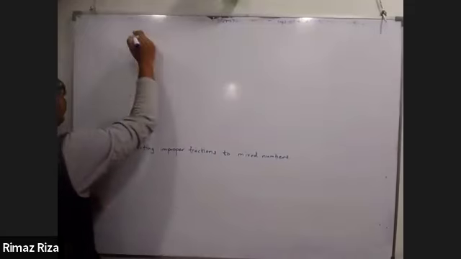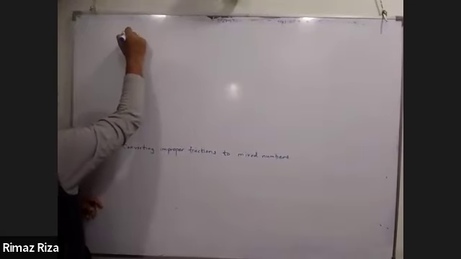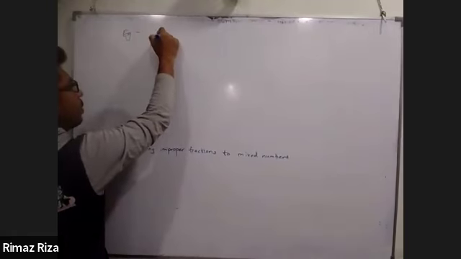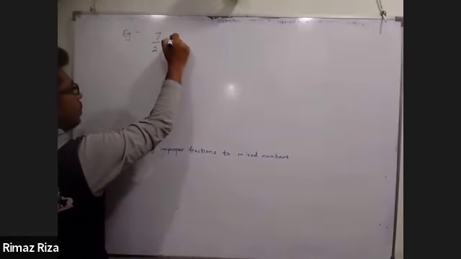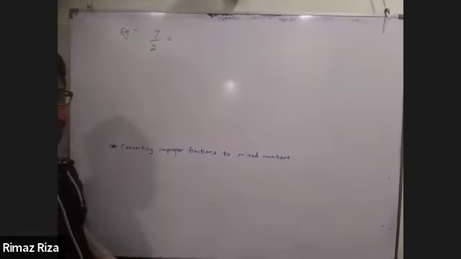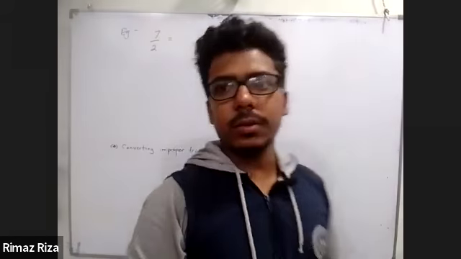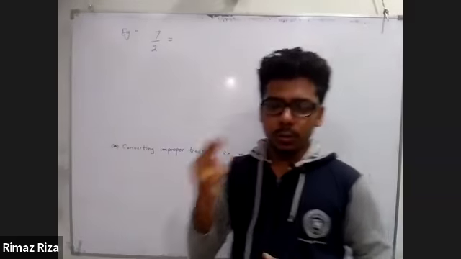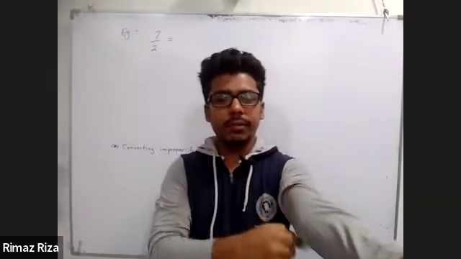For example, let's say we have 7 over 2. So here we want to check how many 2's are there within 7.